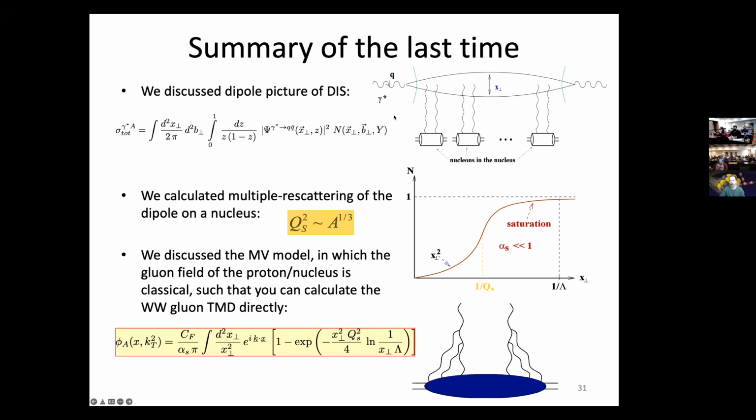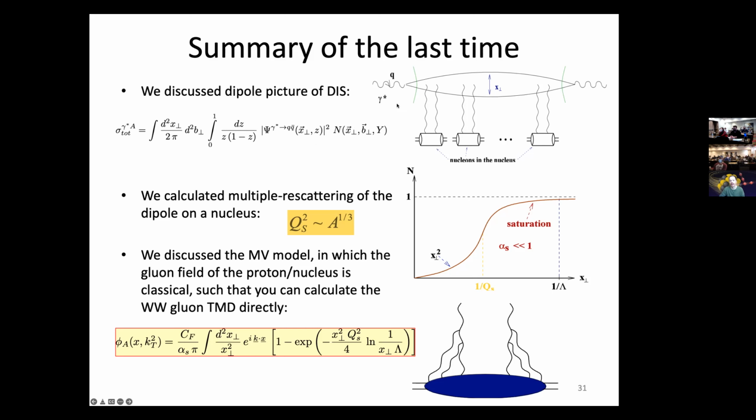We discussed that you have a separation of time scales: it takes a very long time for the photon to split into a QQ-bar pair. So that happens way before the collision. And therefore, it can be factorized, like those little vertical dashed lines denote the separation between the light cone wave function of the virtual photon splitting into a QQ-bar pair, this is the same psi, and the dipole amplitude N, which describes the interaction of a quark-antiquark dipole with the target or nucleus.